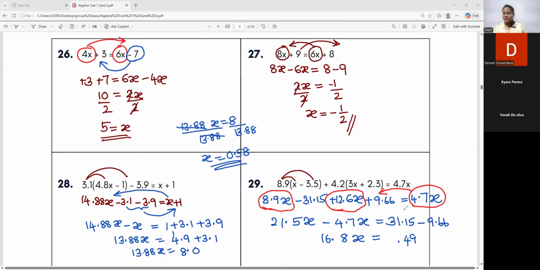This is 0. 30 minus 9 is 21. So I will check this using the calculator: 31.15 minus 9.66. Yes, 21.49.